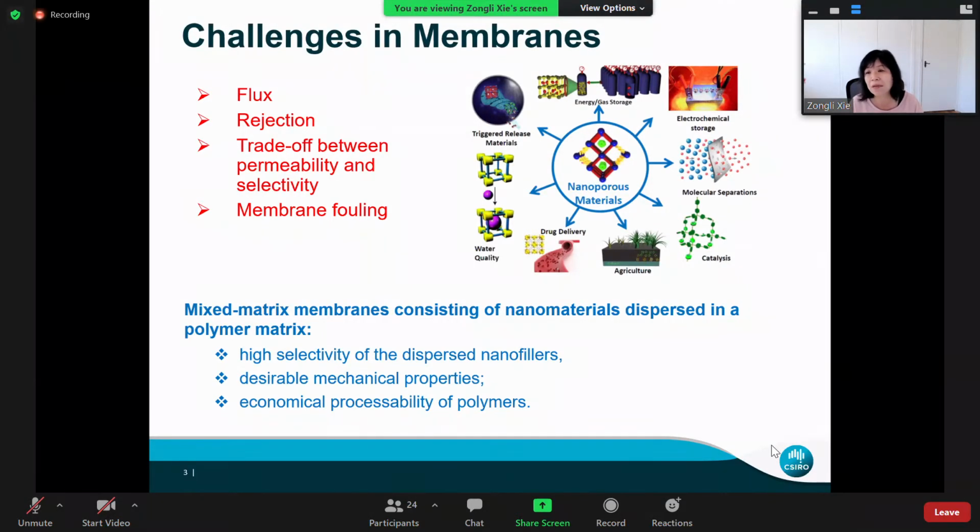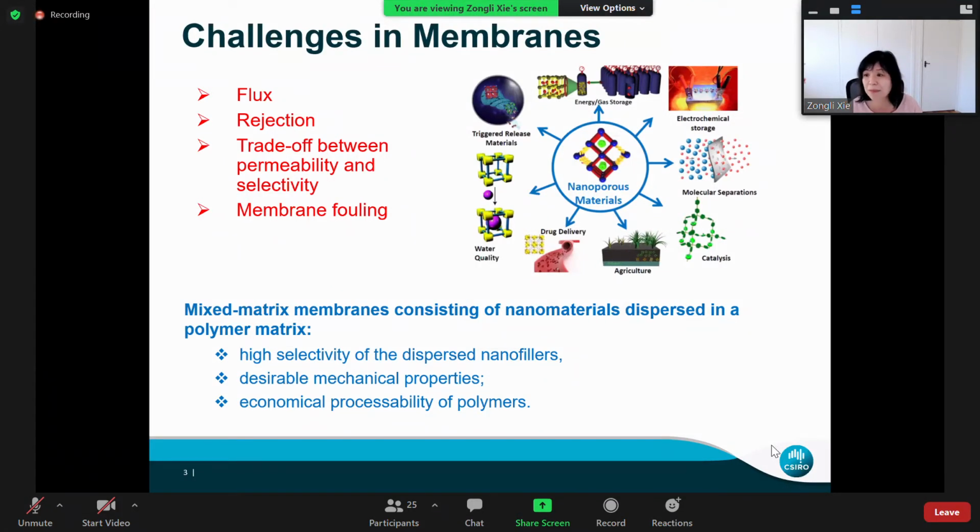Today I just want to share one of the approaches, the mixed matrix membrane, utilizing nanomaterials, in particular nanoporous materials, because they offer a lot of unique advantages.